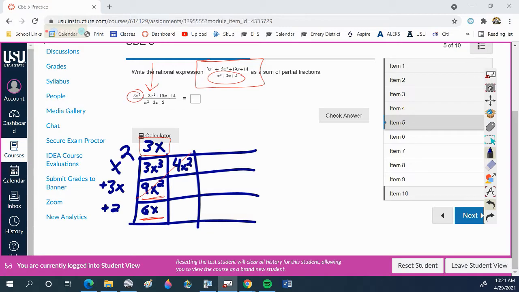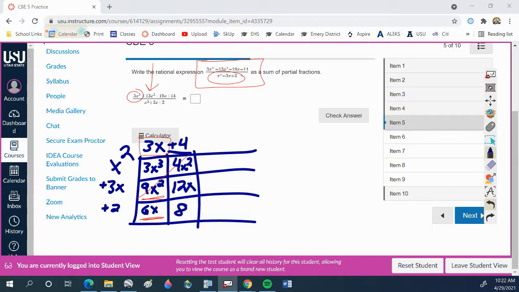Oh, I said negative. It's a positive 13. Sorry. All right. If that box is a 4x squared, what goes up here? Plus 4. And then 4 times 3x is 12x. And 4 times 2 is 8.